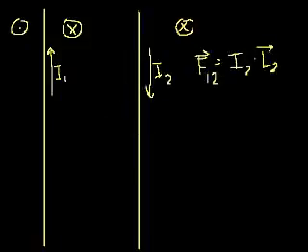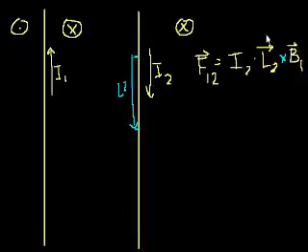It goes in the same direction as the current. So let's say that is L2, from here to here. Cross product that with the magnetic field created by 1. It always seems pretty complicated, but you can just take your right hand rule and figure out the direction.